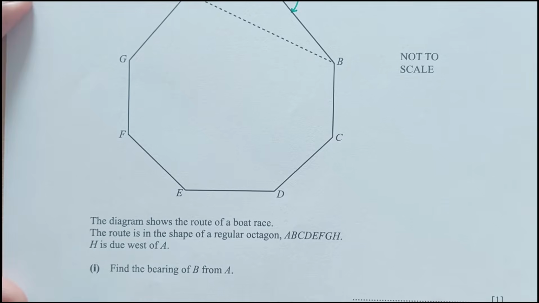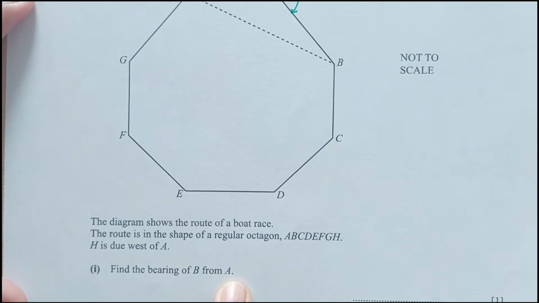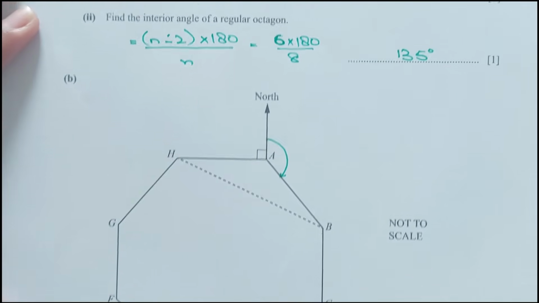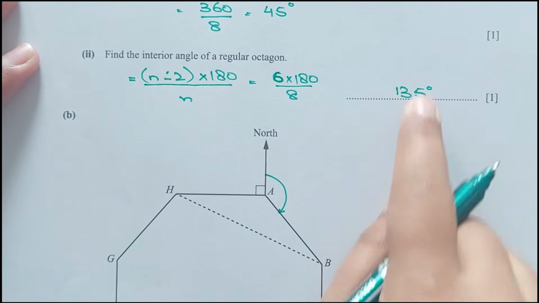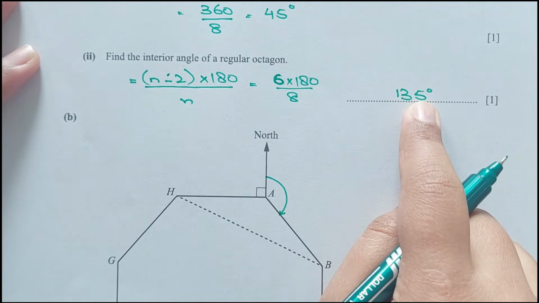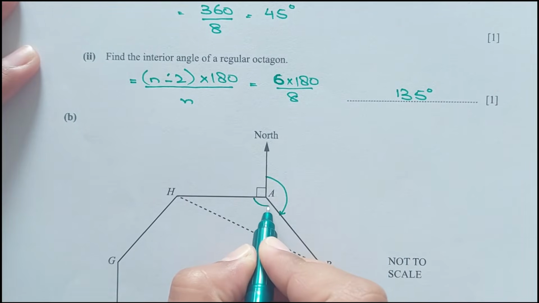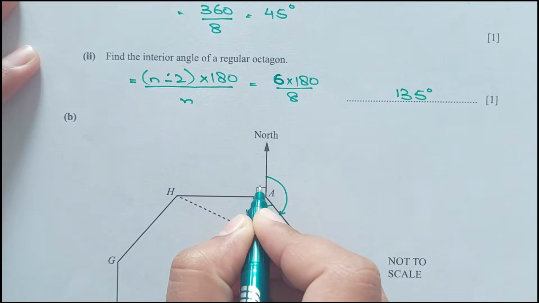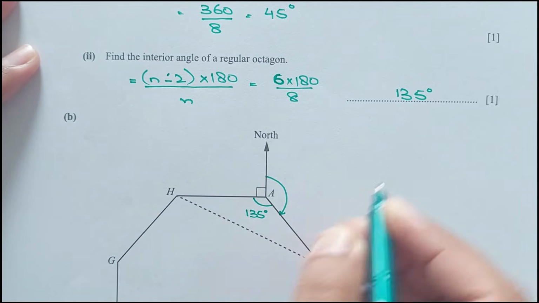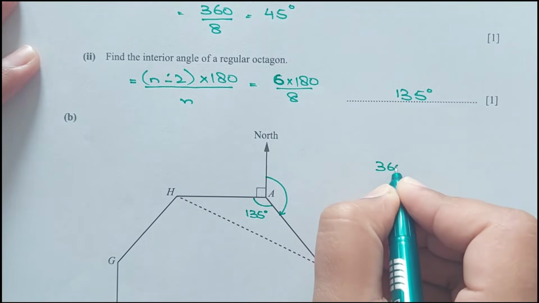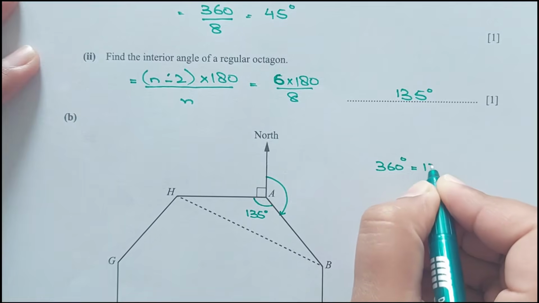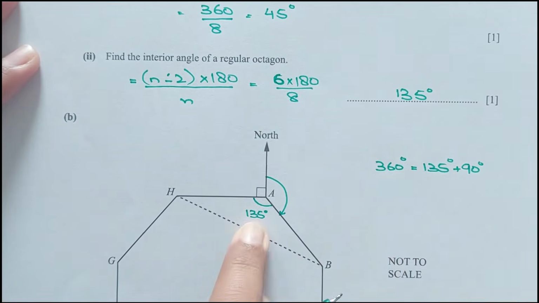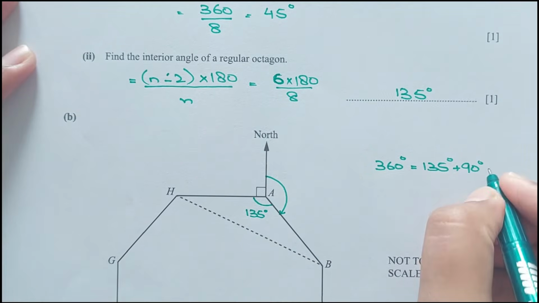As the question says, we need to find, not measure, so we are not using the protractor here. From the second part, we know that the regular octagon interior angle is 135. So this angle is 135 degrees. This angle is 90 degrees and the whole circle is 360.